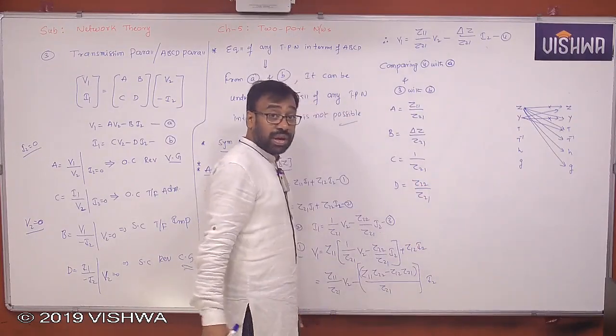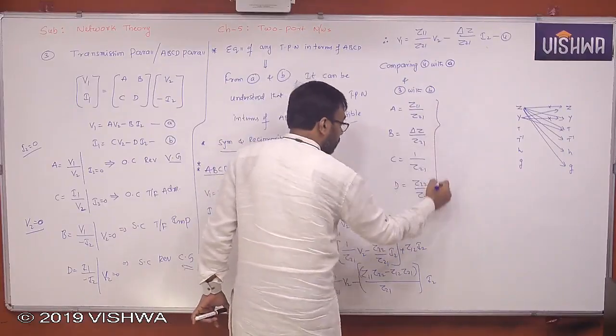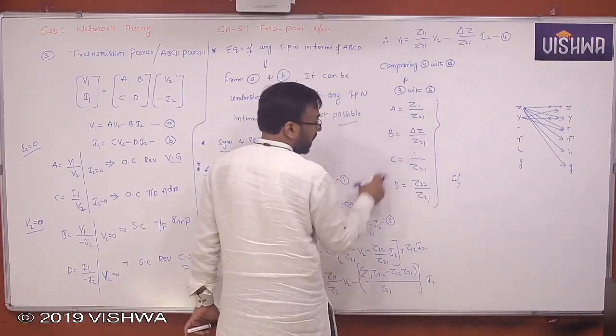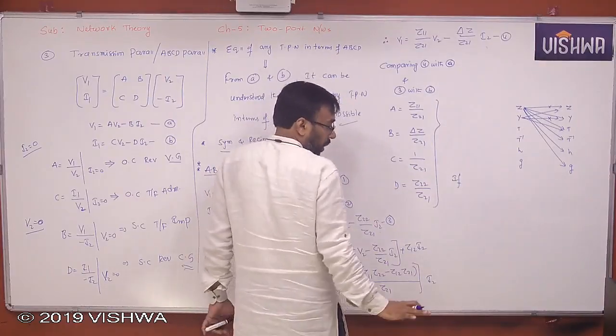You understand all of you? Now from this, this is how you express ABCD in terms of Z parameters. Understand all of you?